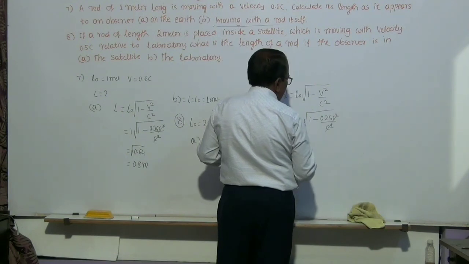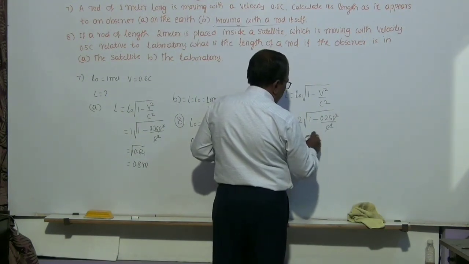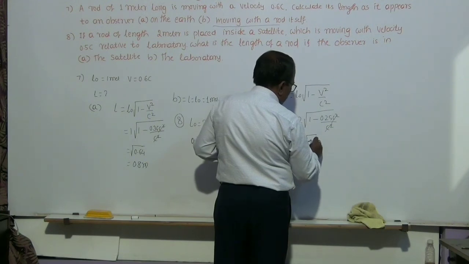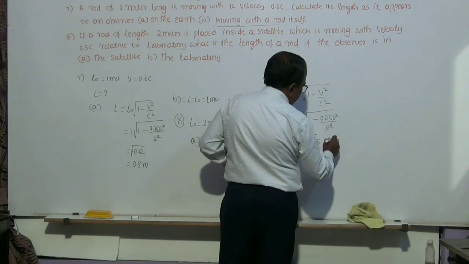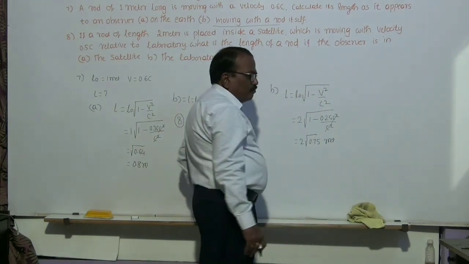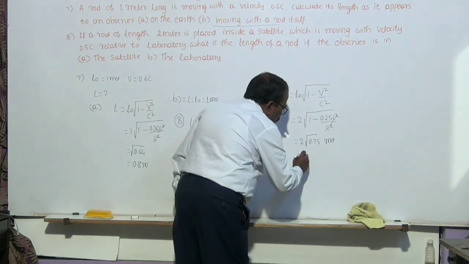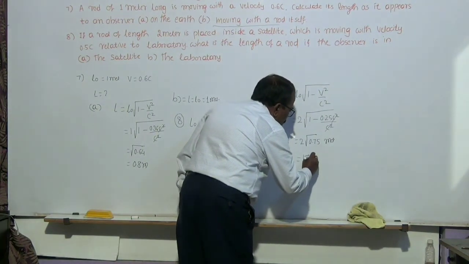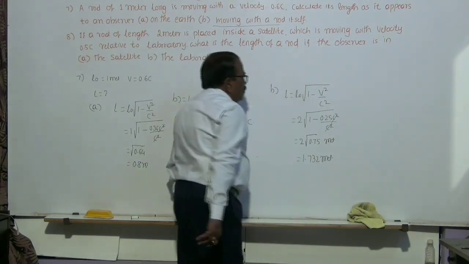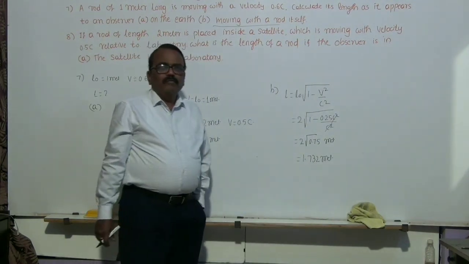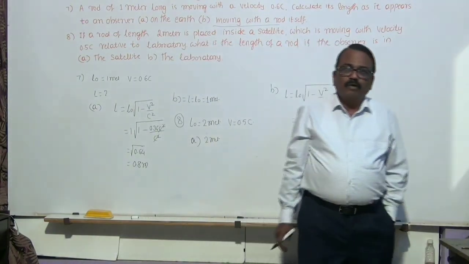This c square cancels. This is 2 into square root of 0.75 meter. Then if you simplify this, you are going to get this as 1.732 meter. So such type of examples will be asked as a 5-mark question.